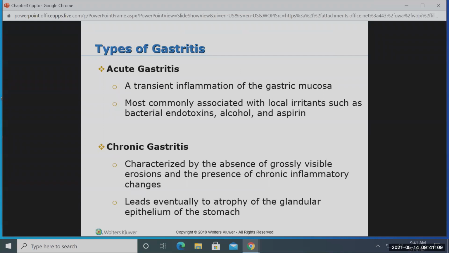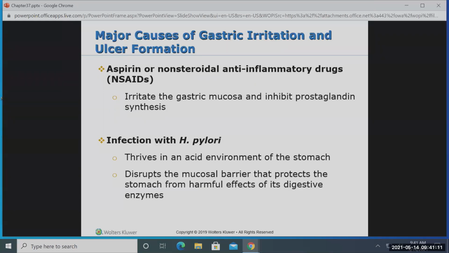I have a question. Yes. Doesn't H. pylori actually try to make a less acidic environment so they could thrive? Can you repeat the last part? Don't they try to make the stomach a less acidic environment so they could actually thrive? Yes, the reason is this bacteria doesn't thrive in the alkaline media.